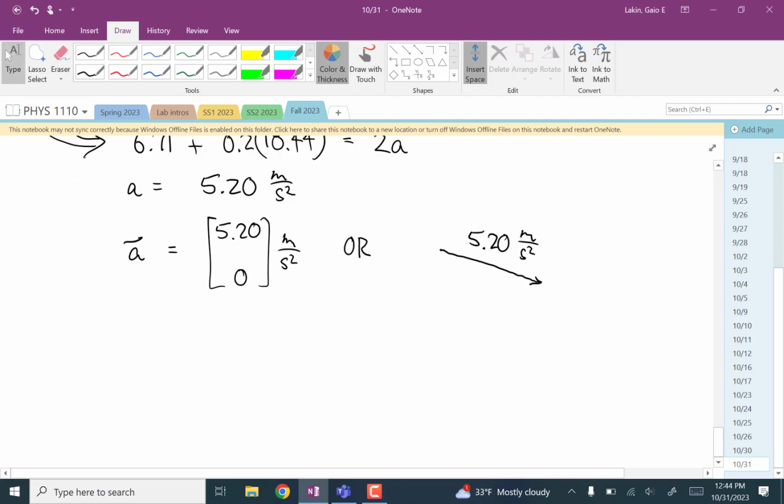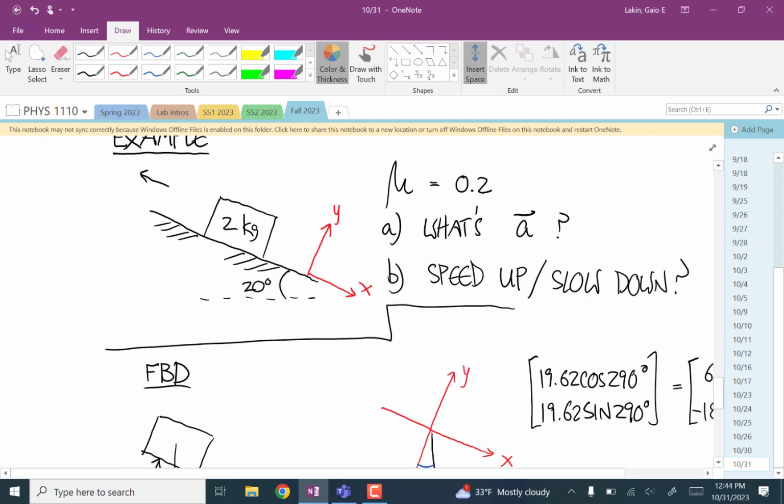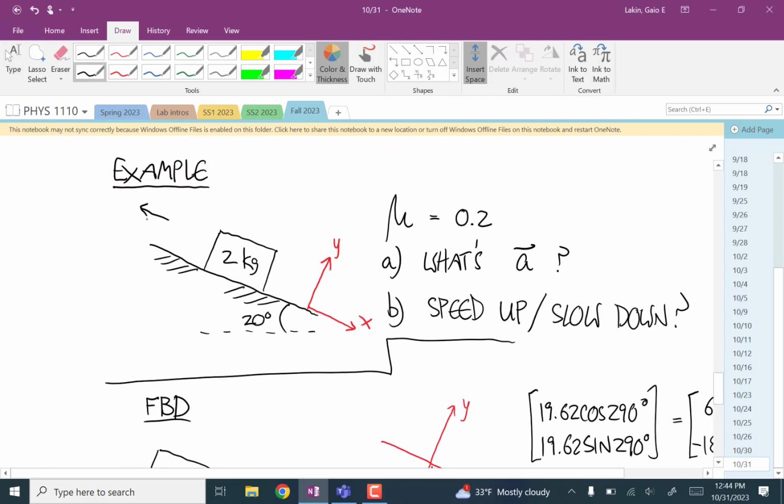If you knew its starting velocity and wanted to calculate how long it was going to take to stop, how could you go about that? Yeah, you could use the constant acceleration equations and figure out how far it would go before it stopped, or how long it would take before it stopped, or things like that.